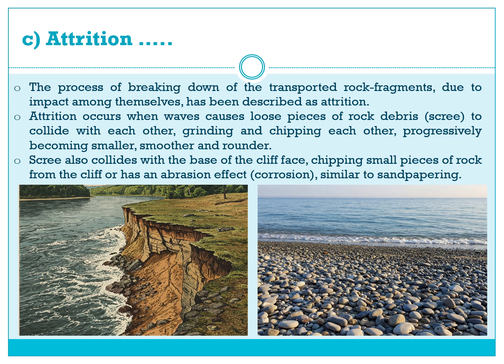It is the process of breaking down of transported rock fragments due to impact among themselves. Attrition occurs when waves cause loose pieces of rock debris, that is scree, to collide with each other, grinding and chipping each other progressively, becoming smaller, smoother, and rounder.